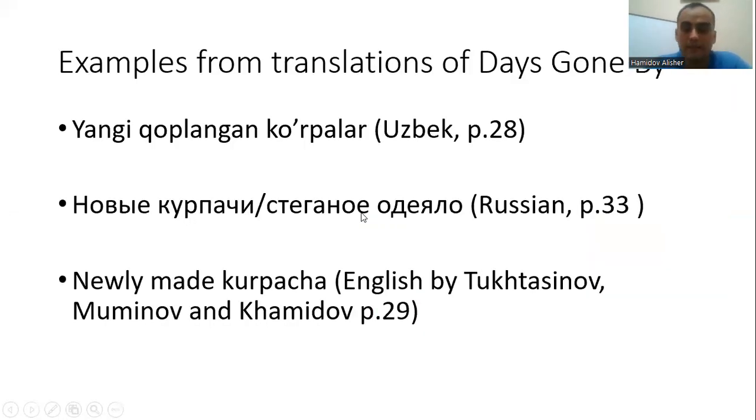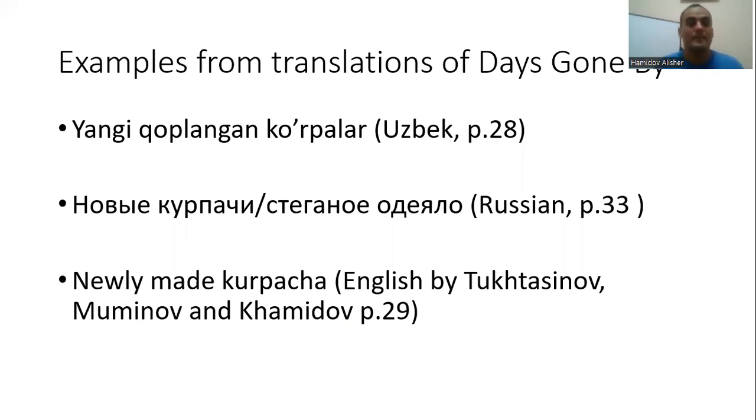Let's have a look at some examples from the translation of Days Gone By by Abdulla Qodiriy. For example, on page 28 of the original Uzbek, you can see this phrase, "yangi qoplangan ko'rpalar." You see ko'rpalar. But in the Russian version, on page 33, you can see "novye kurpachi," and the translator gave a footnote here.